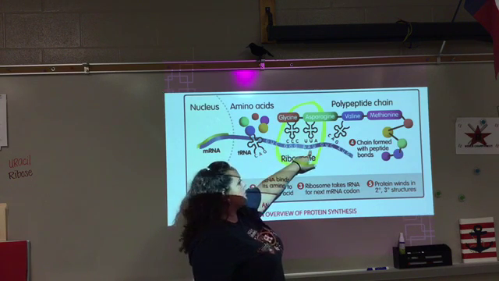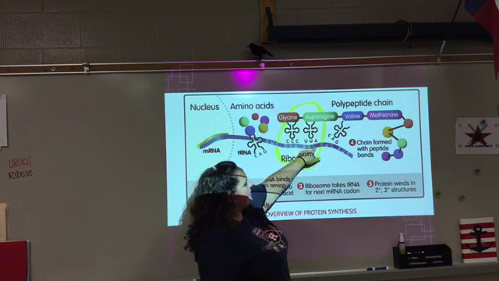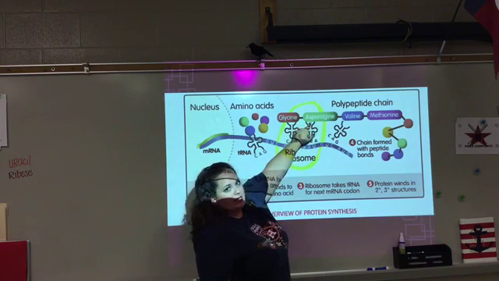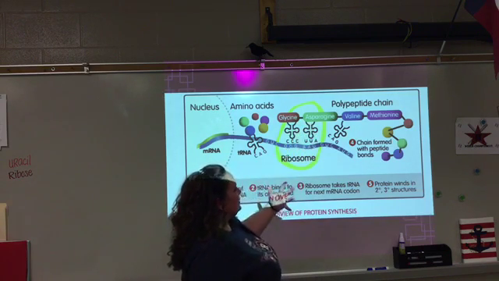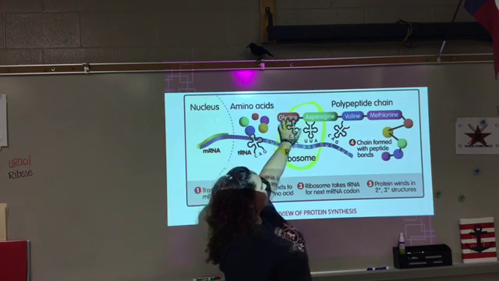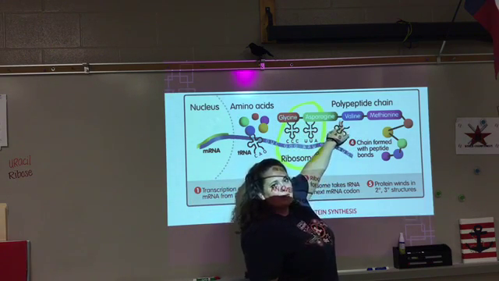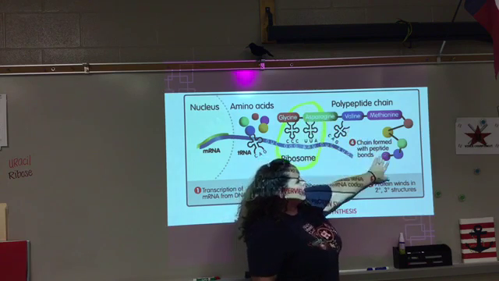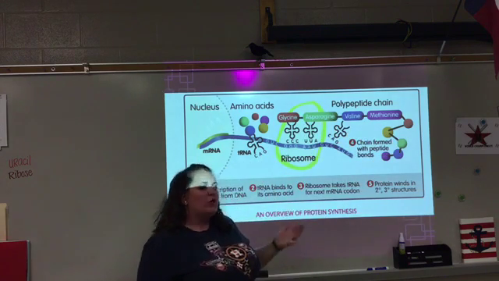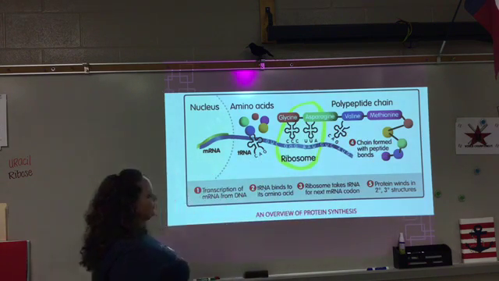AAU codon would pair with the UUA anticodon, and it carries asparagine. And it continues on like that. Notice between each of these amino acids, you have a bond. That's a peptide bond. And this whole thing will be your polypeptide chain, which could equal a protein.